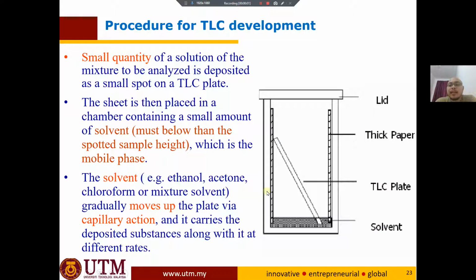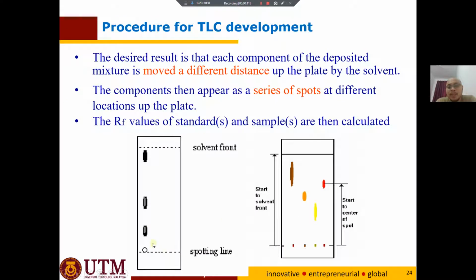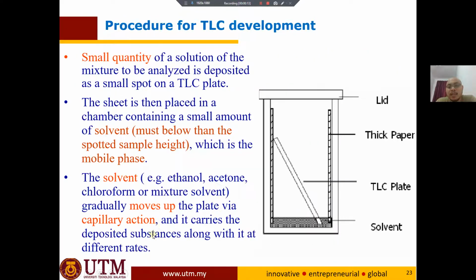So let's look into the procedure for the TLC development. A small quantity of the solution of the mixture to be analyzed is deposited as a small spot on the TLC plate. Basically, here is the spotting line. The sheet is then placed in a chamber containing a small amount of solvent.